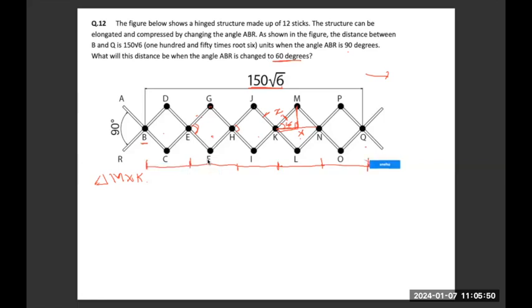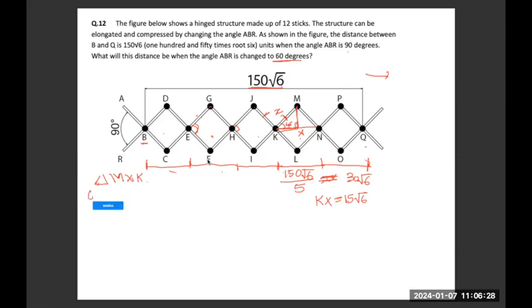So the total KN value will be 150 root 6 divided by 5, which, I'm not saying approximately, will be equal to 30 root 6. So the KX value will be 30 root 6 divided by 2, because KX is half of the total dimension KN. So KX value I know, it's 15 root 6.